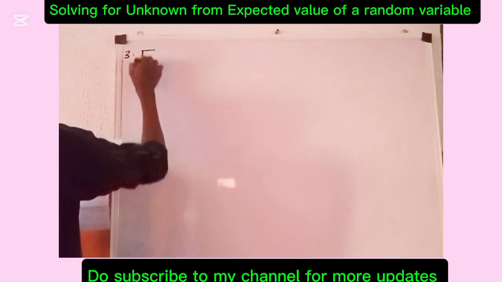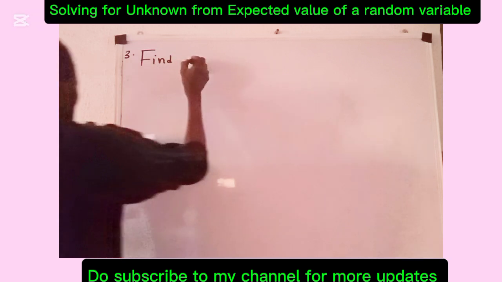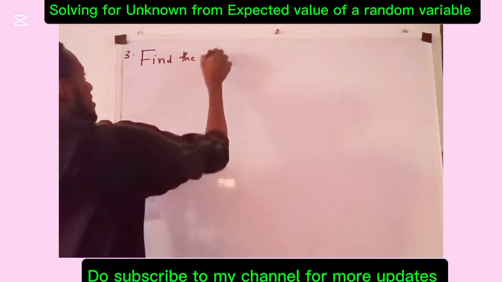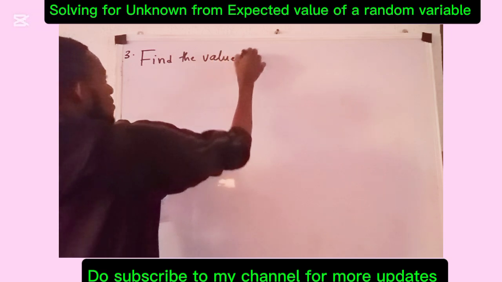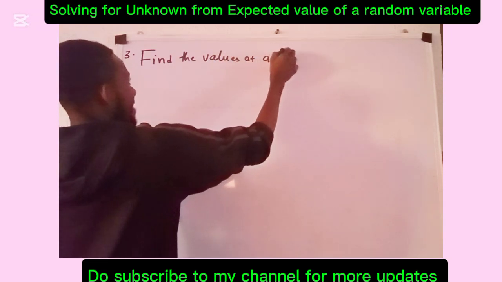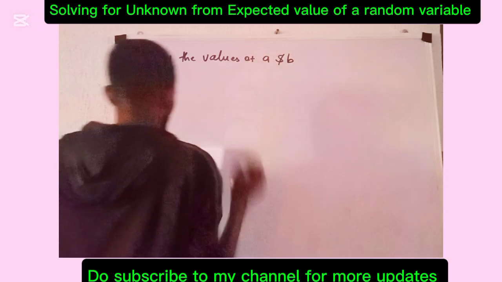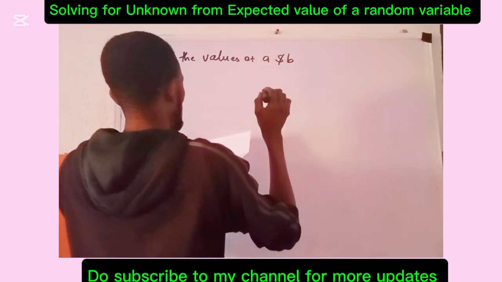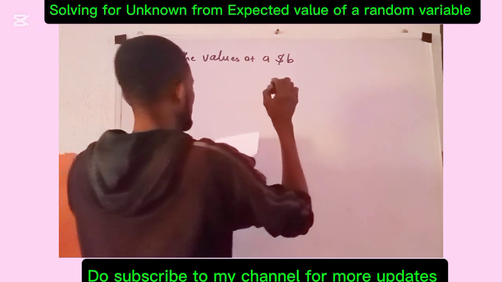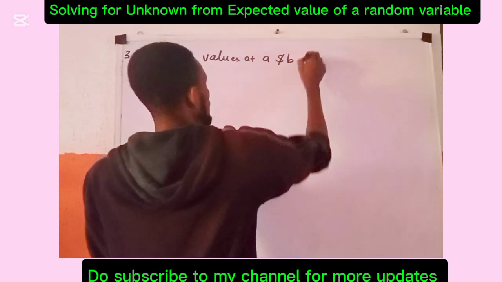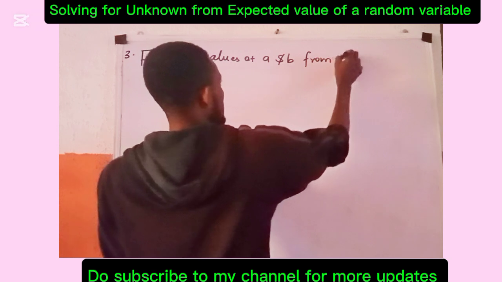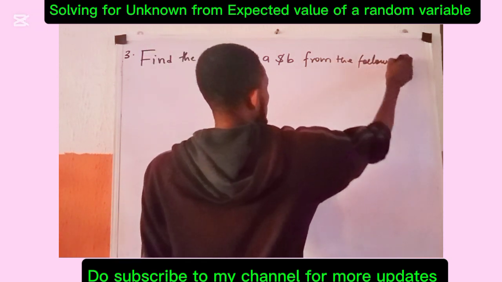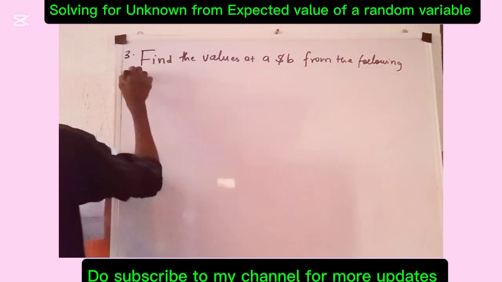Question number 3 says, find the values of A and B from the following probability distribution.